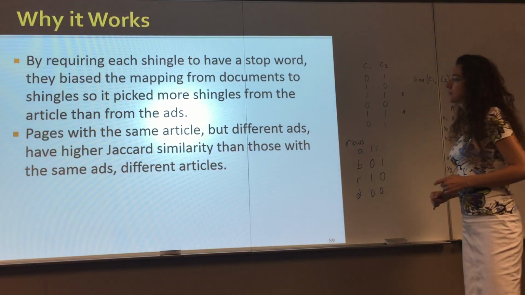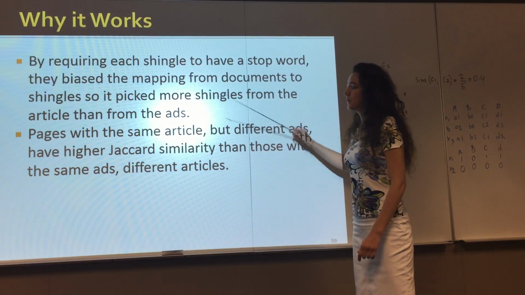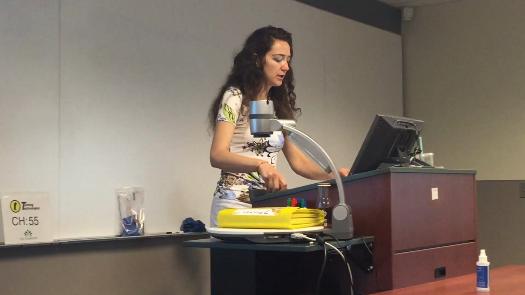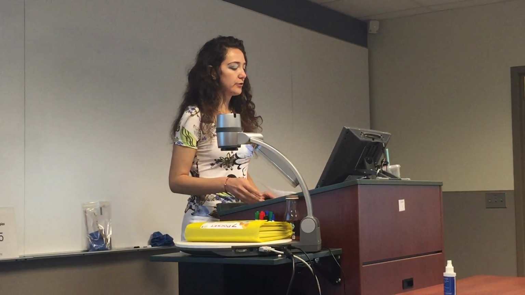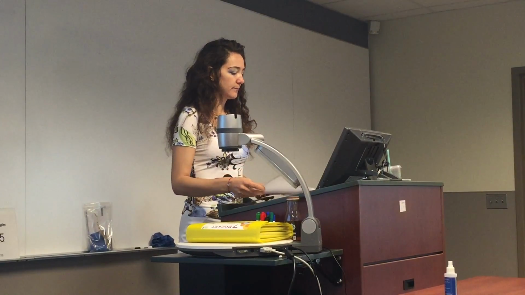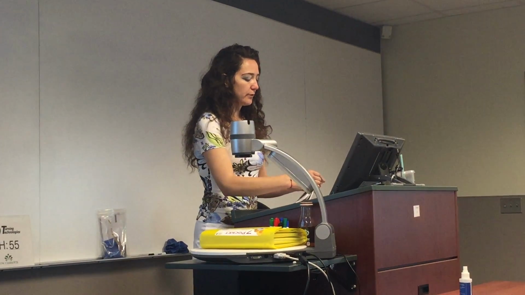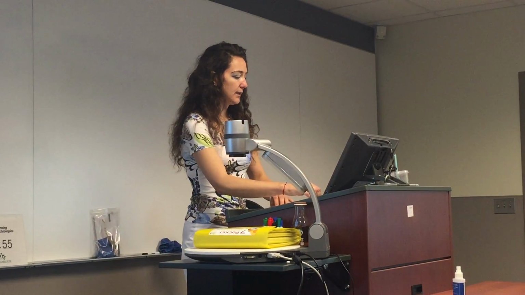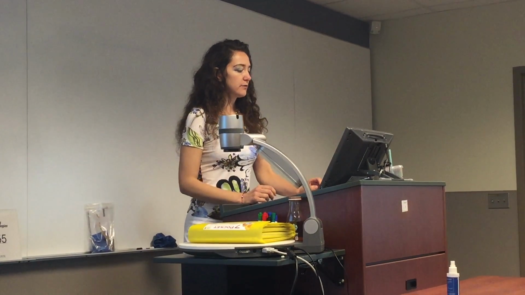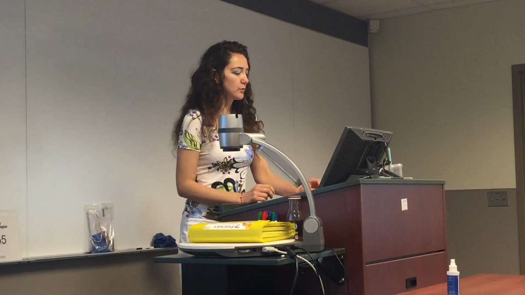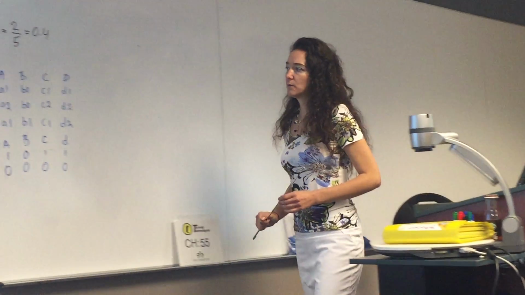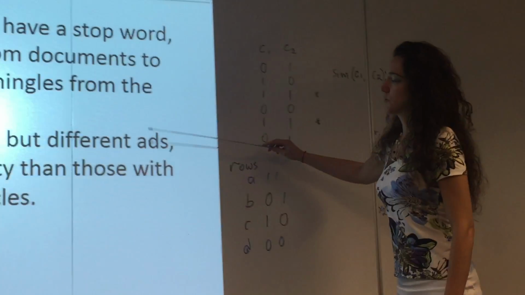And so the particular vocabulary of those documents has to be considered when we're doing these comparisons. So we pretty much need to consider a dictionary of the type of words that is used for the documents that we are considering. A dictionary of vocabulary for those ads and news articles. So pages with the same article but different ads have higher similarity than those with the same ads but different articles. That was what this experiment concluded.